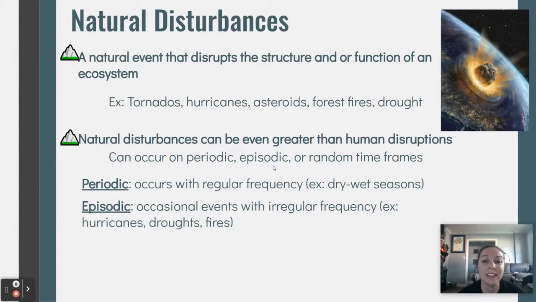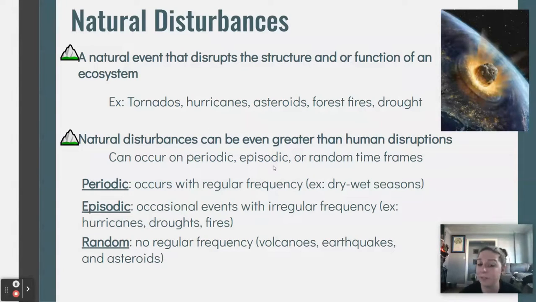And now with these, there can be some predictors to let us know when we're more likely to have these things happen. So, for example, fires. If we're in California, we could expect to see more fires in the summer than in the winter because of the environmental conditions.